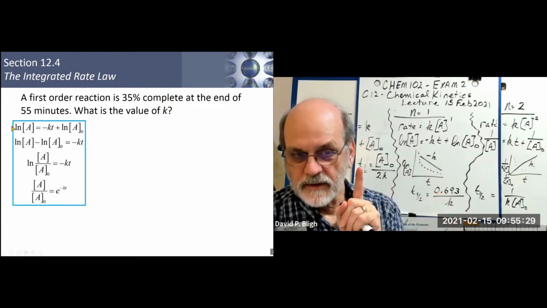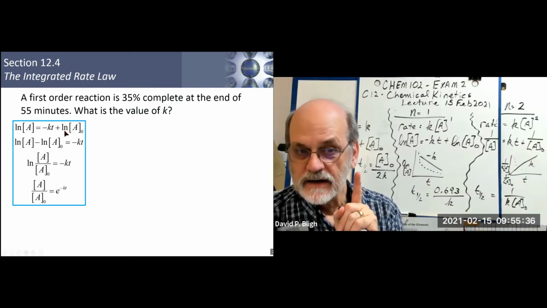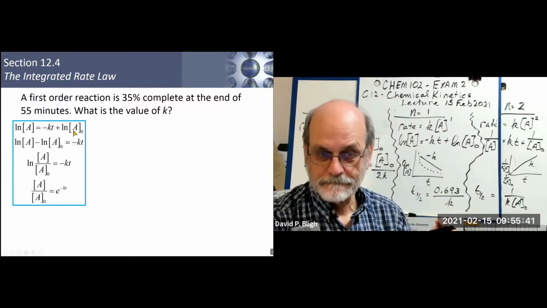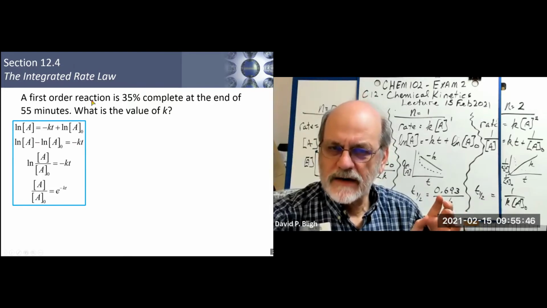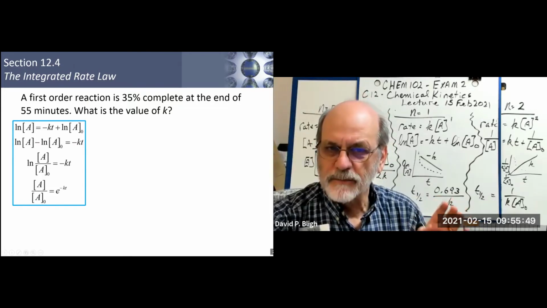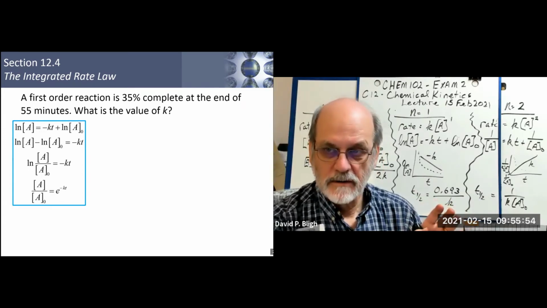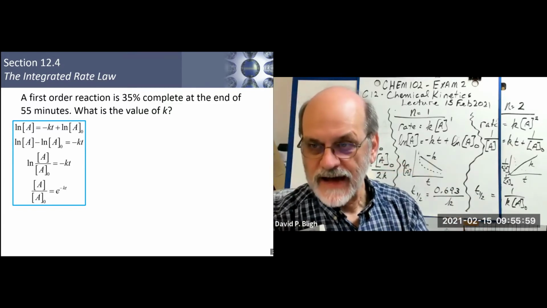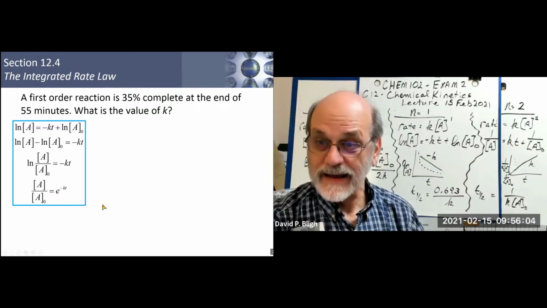First order reaction, we know this is the integrated rate law right here. Natural log of A equals minus KT plus the natural log of the initial concentration. All right, so now, since we know that the reaction is 35% complete, that gives us a ratio. So what's the remaining amount of A based on where you started?